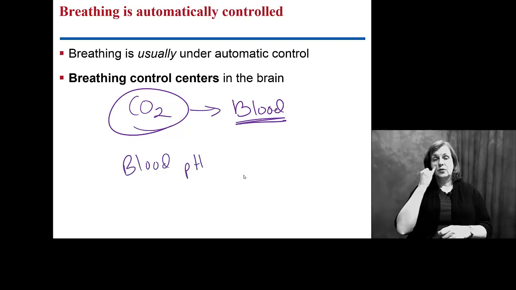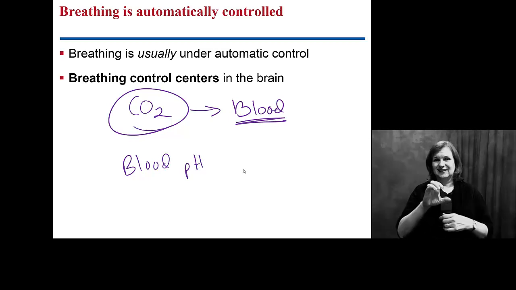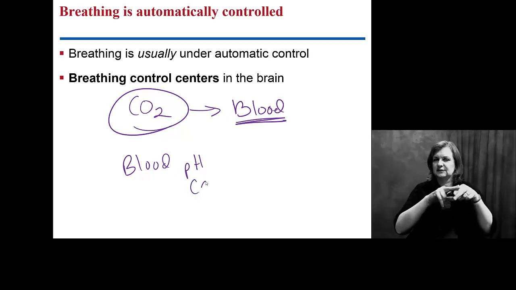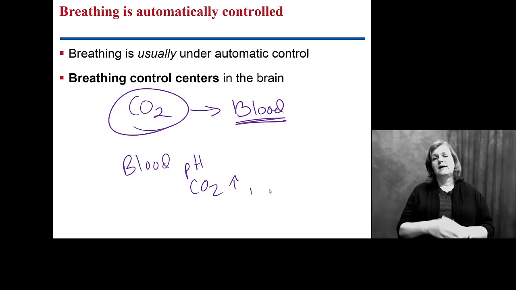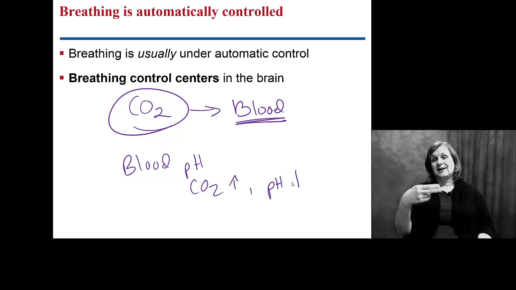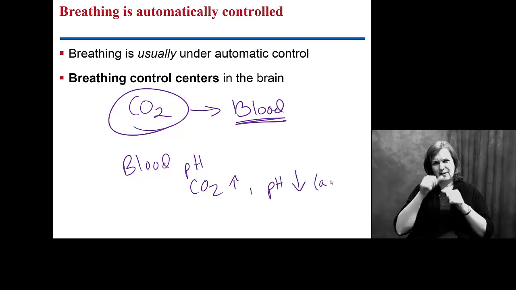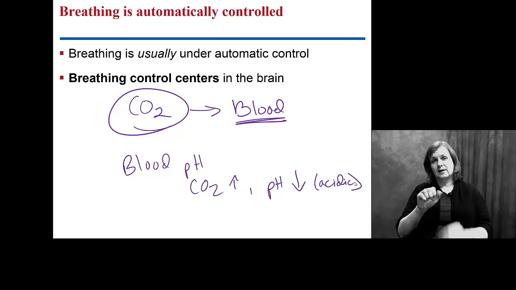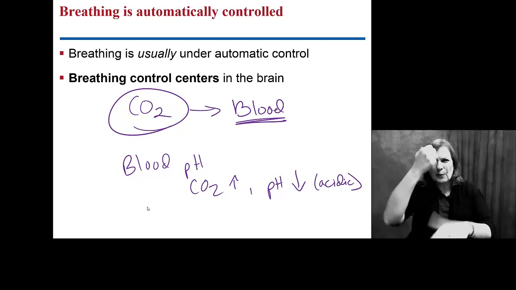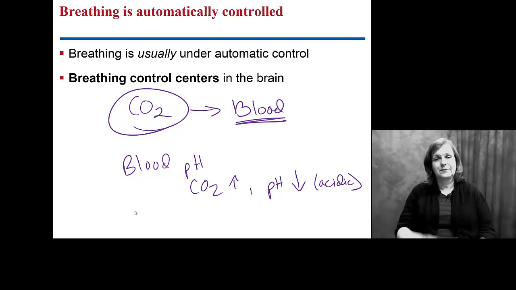Because when your CO2 levels increase, when CO2 in your blood goes up, the pH of your blood goes down. Remember, down is acidic. So to counter this, your brain says, hey, breathe. And you start breathing.